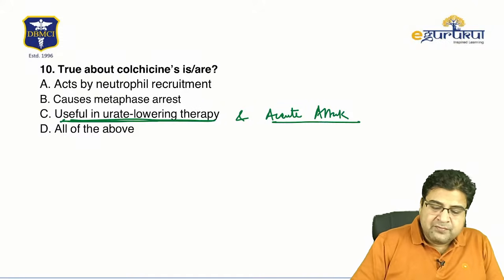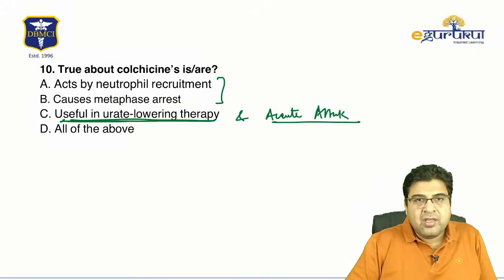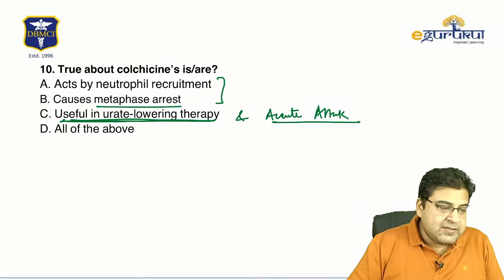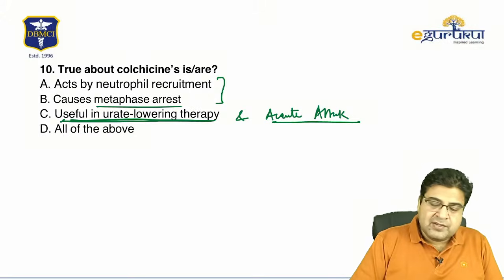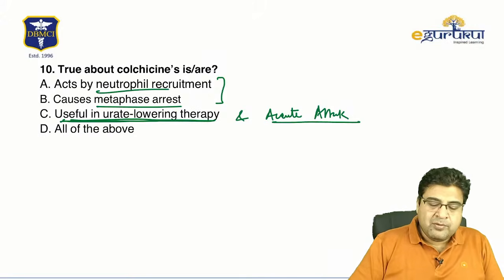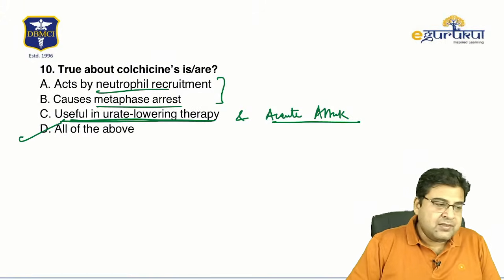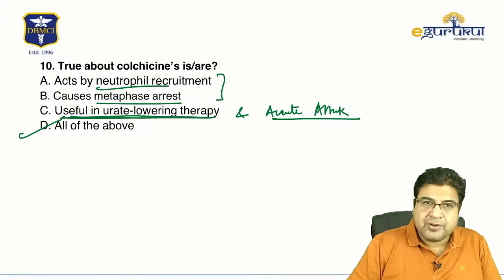And how will this medicine act? It will act by inhibiting WBC multiplication. So if WBC cannot multiply, the medicine can cause metaphase arrest, and can also stop the WBC recruitment at the site of inflammation. So all of the above are correct here. So colchicine is a medicine that we can use for the treatment of gout.